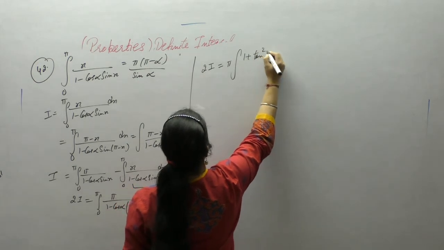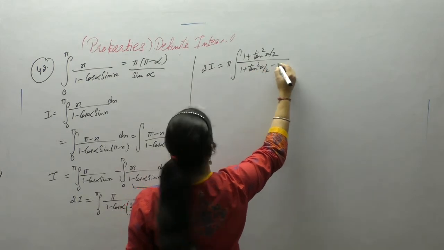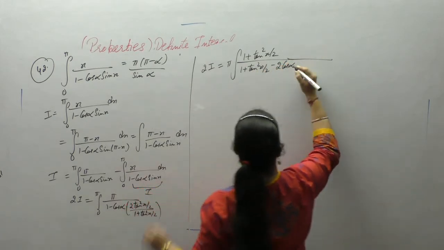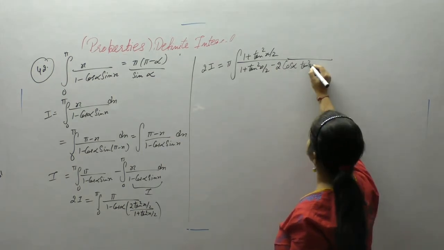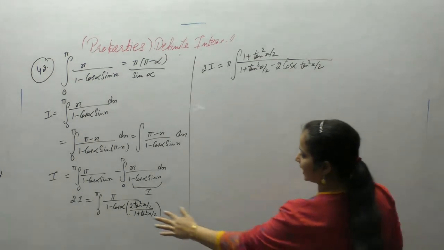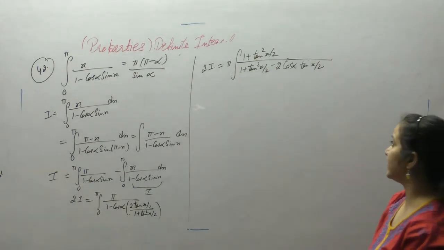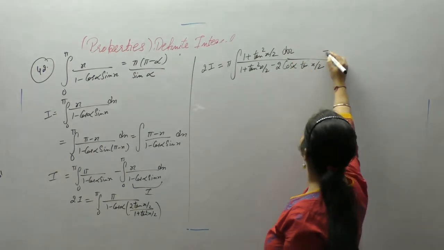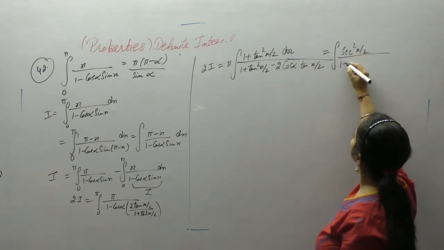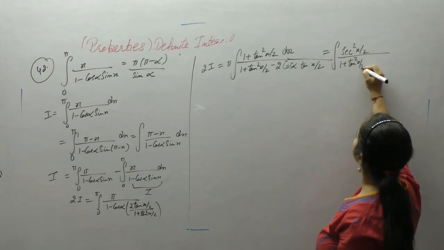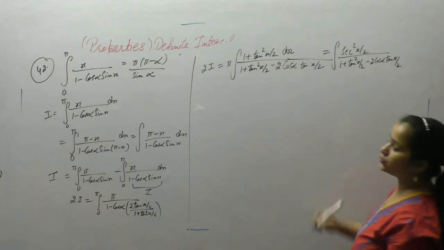We get 1 plus tan square x by 2 minus 2 cos alpha tan x by 2. Now 1 plus tan square is equal to sec square. So 1 plus tan square x by 2 minus 2 cos alpha tan x by 2.